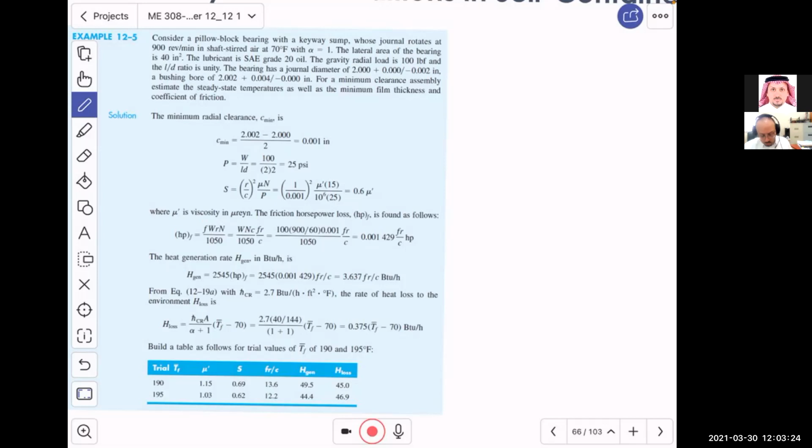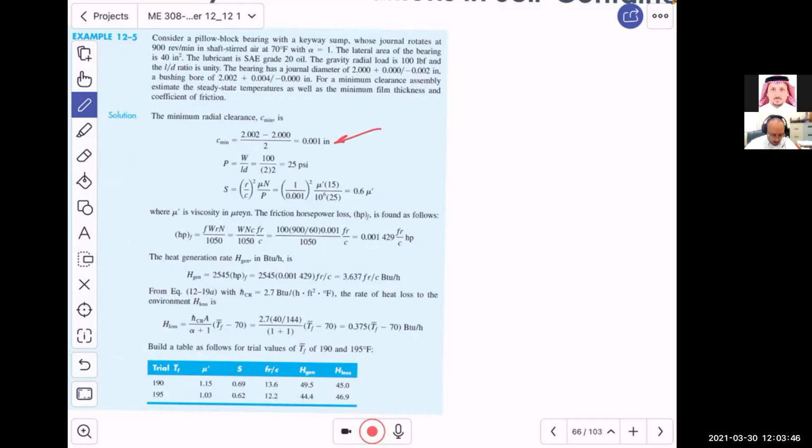Now, if you recall the problem that we started last class, we have been given the dimensions of the journal diameter as well as the bushing. And from that, we calculated this minimum clearance, C, okay?